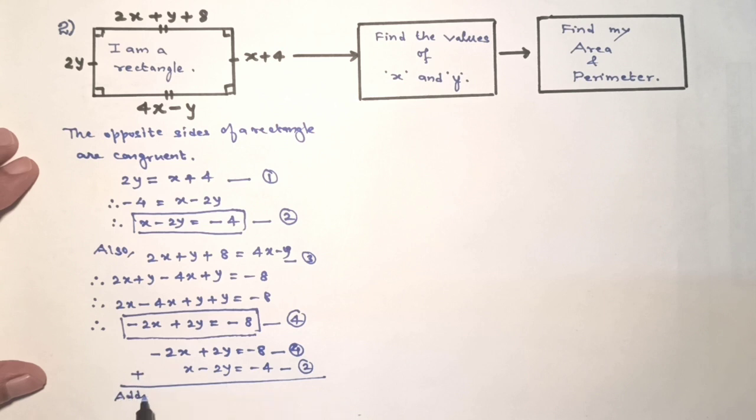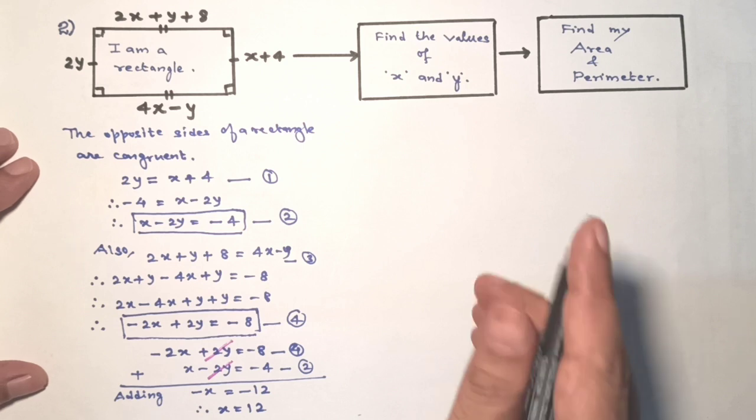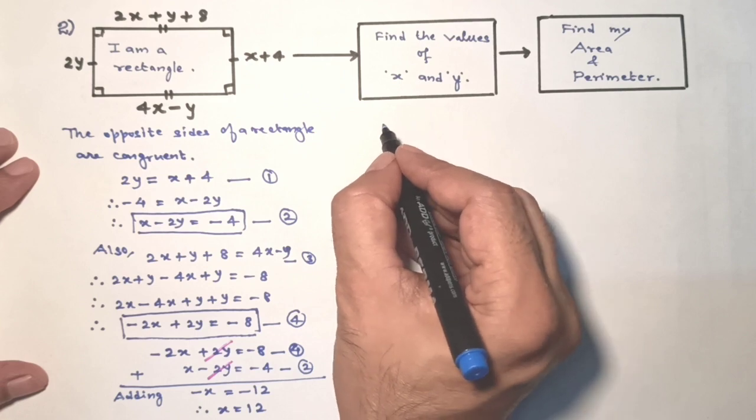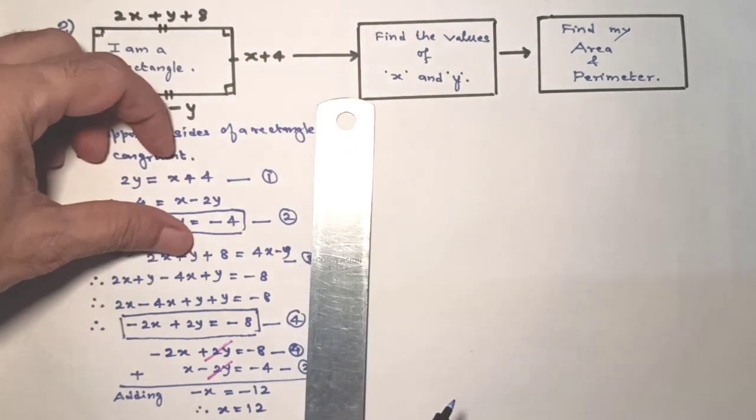So write, by adding, you will get minus x, because minus 2x plus x is minus x. This plus 2y gets cancelled with minus 2y, and you have here minus 12. Therefore, when you change the sign, you get x is equal to 12. Now you got x is equal to 12. Consider the first equation which you have.